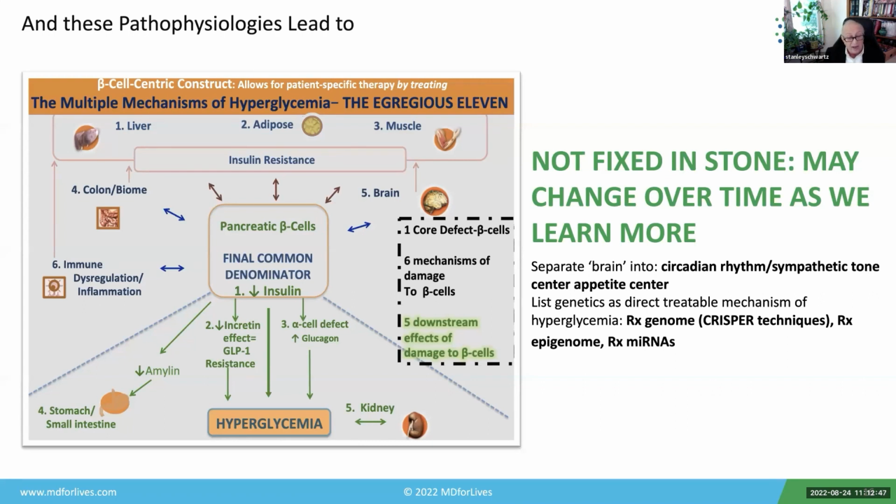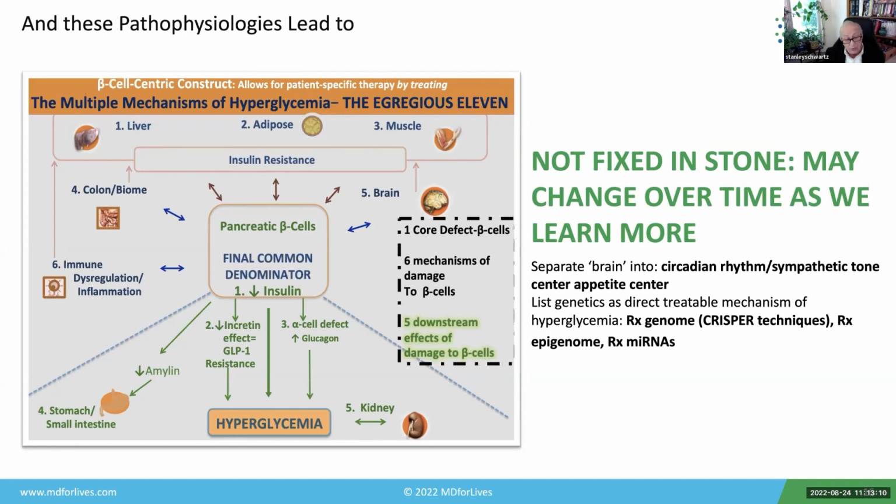And you have 5 downstream effects of damage to the beta cells: reduced insulin, reduced incretin effect due to GLP-1 resistance, increased glucagon, reduced amylin, which increases rate of stomach emptying and absorption from small intestine of glucose.